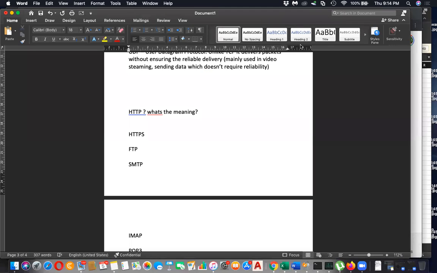What's the meaning of HTTP basically? HTTP means Hypertext Transfer Protocol. Right, correct.